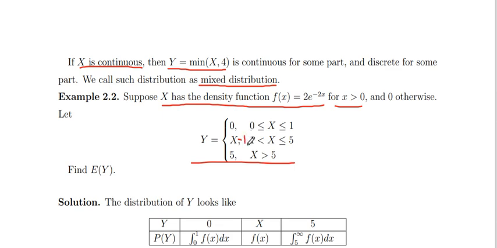The insurance pays X minus 1. So when X is larger than 5, they'll pay 5, or actually they will pay 4, right? If we consider the deductible, you always need to pay 1 for the deductible. But anyway, here we can understand without this 1.